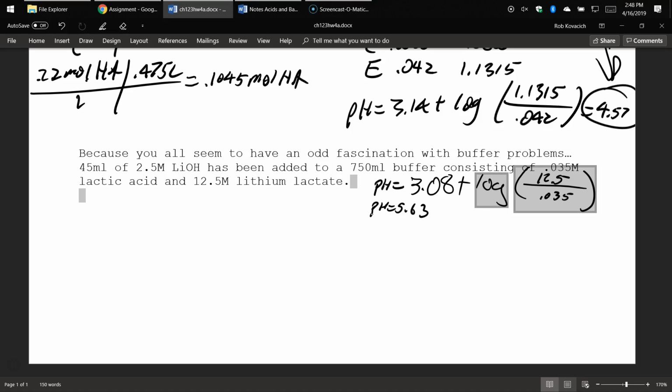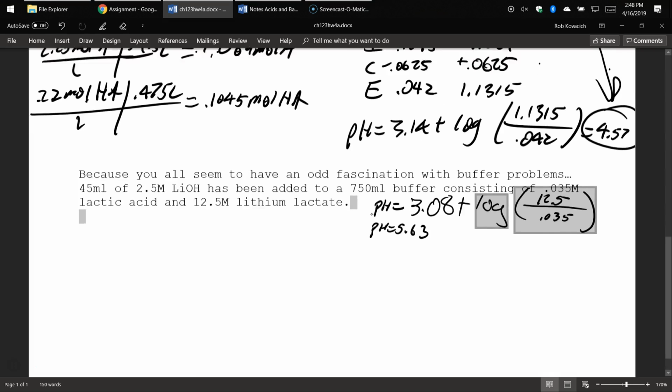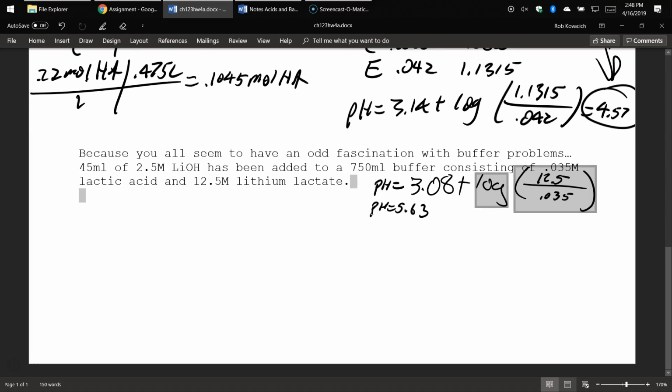Ready? So we need to figure out moles of everything. And so the moles we've got, let's just do the lithium first since it's here. 2.5 moles per liter, and we put in 0.045 liters.